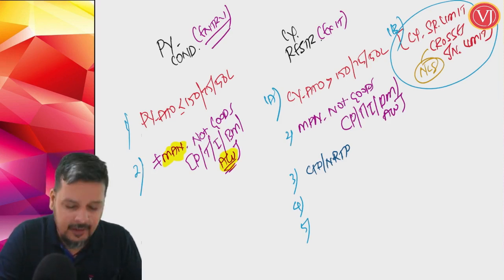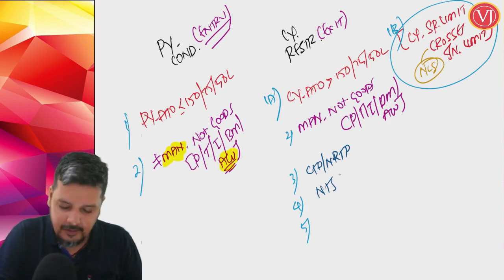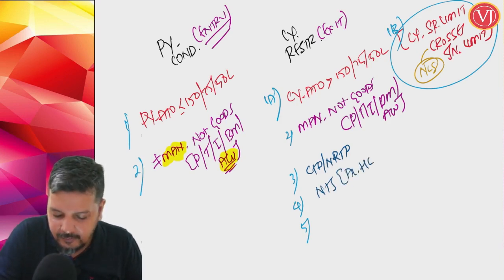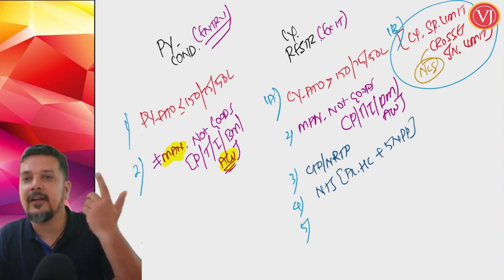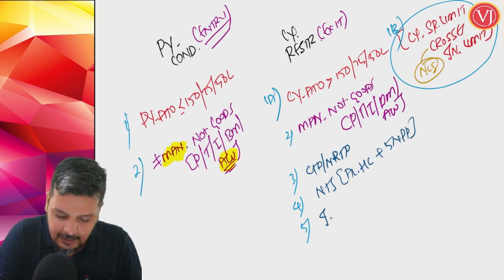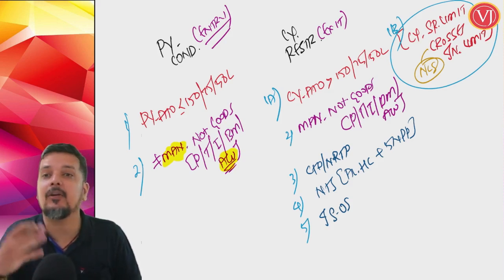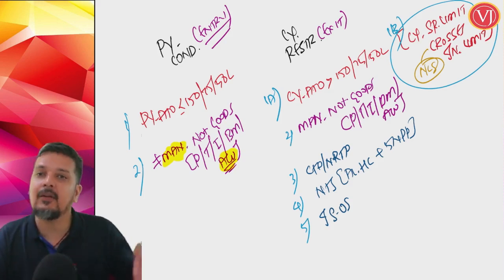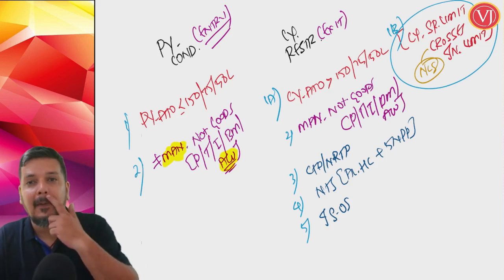Or if I am dealing with non-taxable supply, which means alcoholic liquor for human consumption or 5 notified petroleum products, go outside composition scheme. Or if I am making interstate outward supply, from one state to another state, go outside composition scheme. Inward supply is allowed, outward supply is not allowed.